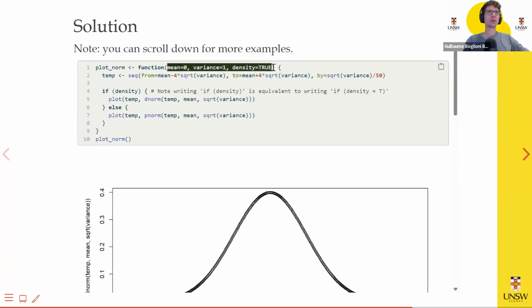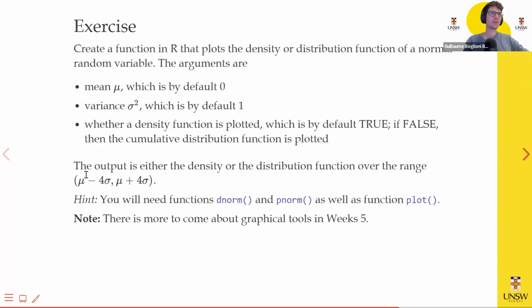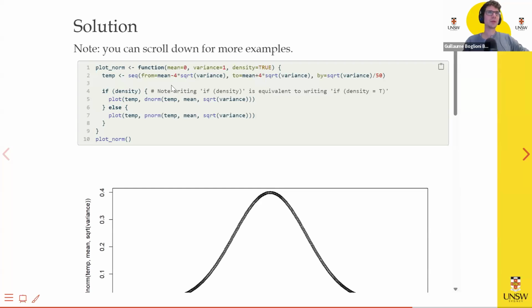So those are all my default arguments. The mean, the variance, the density equals true if I want the density. Now here I'm creating a sequence of points from the lower bound of the interval I want up to the upper bound by simply this. Mean minus 4 times the square root of the variance, which is the standard deviation, and then by.